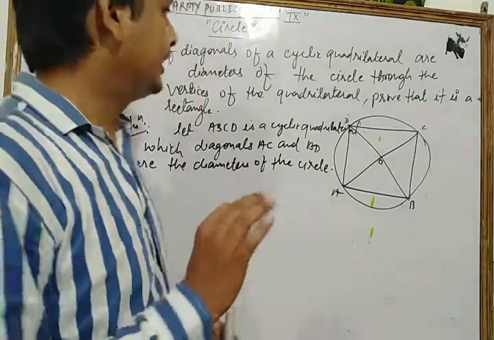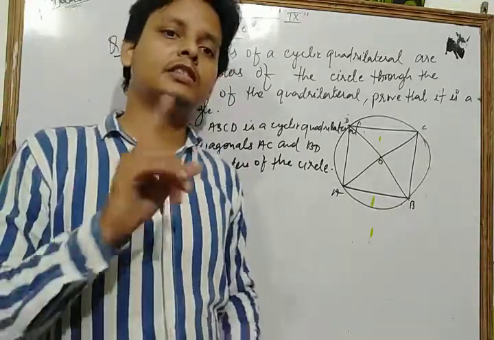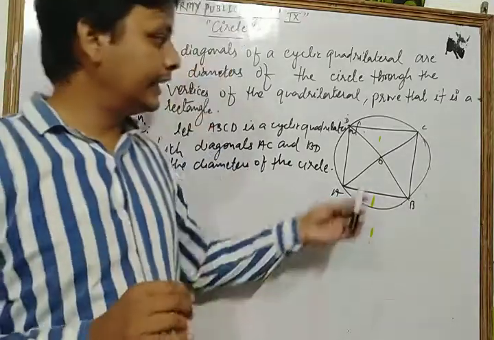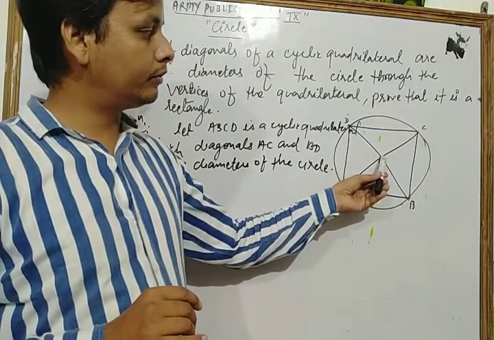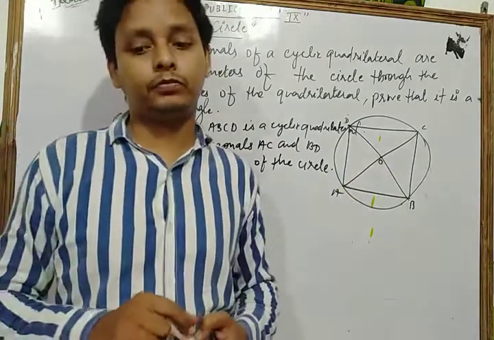Now, dear students, in the previous class we discussed a theorem and proved it also: the angle in a semicircle is always a right angle, 90 degrees.